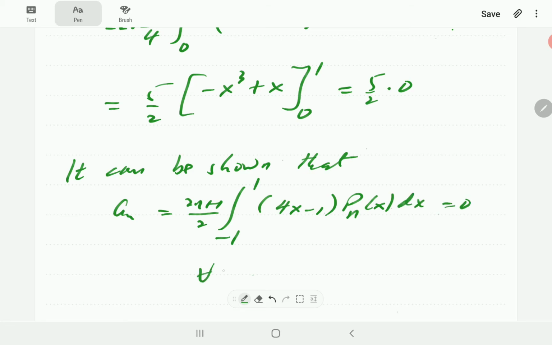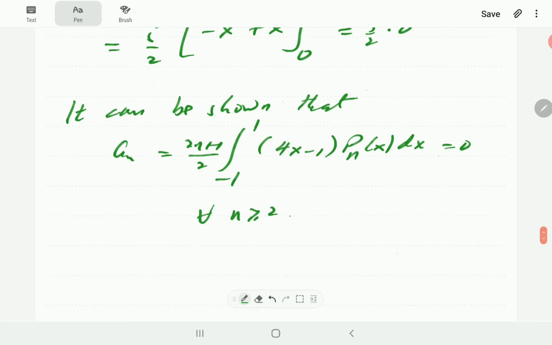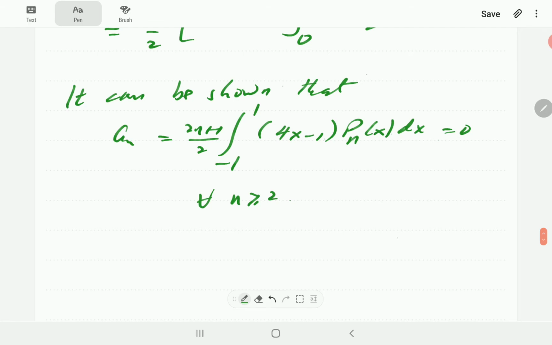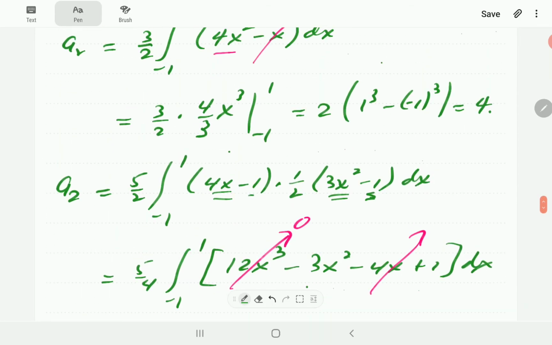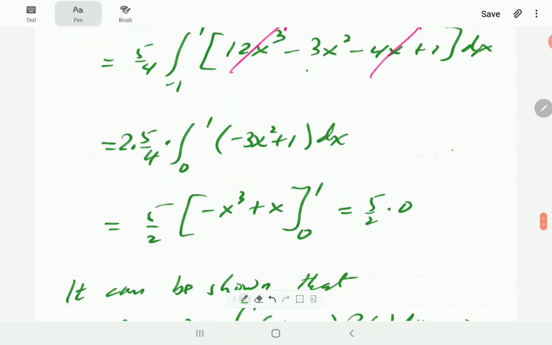This is going to be 0 for all n values 2 or greater. I'm going to leave this as an exercise. All right, so the only two non-zero ones are the a0 and a1.